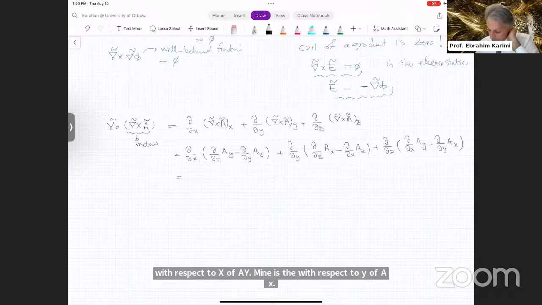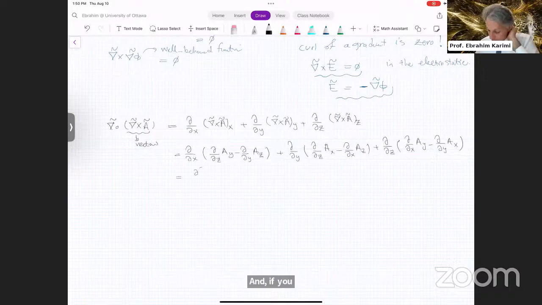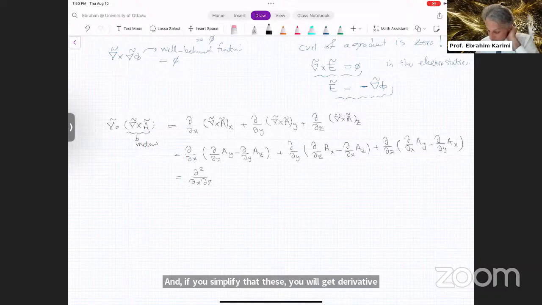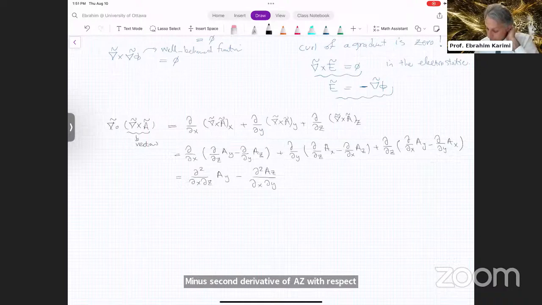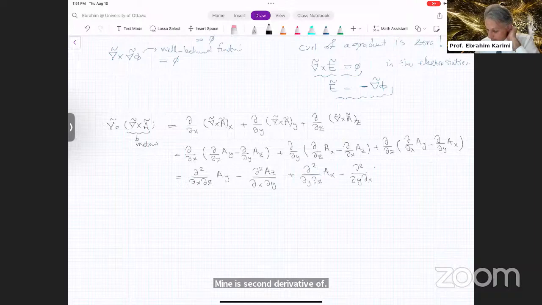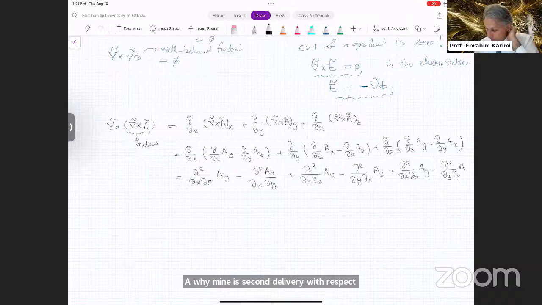And if you simplify these, you will get second derivative with respect to x and z of Ay minus second derivative of Az with respect to x and y, then plus derivative with respect to y and z of Ax minus second derivative of y and x of Az, plus second derivative of z and x of Ay minus second derivative with respect to z and y of Ax.